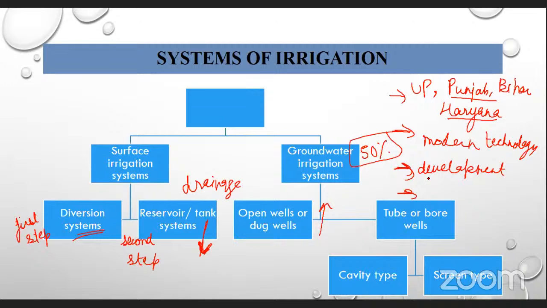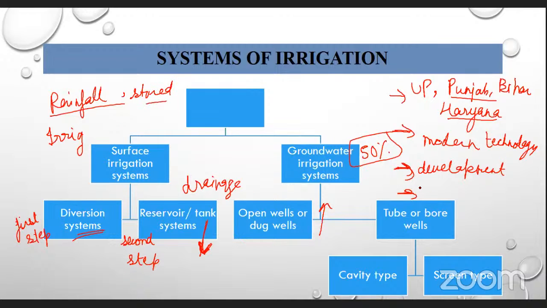And there is an uncertainty of irrigation through tanks and other sources due to low and erratic rainfall. Surface irrigation depends on the rainfall in that area, which is stored, and then we use that.